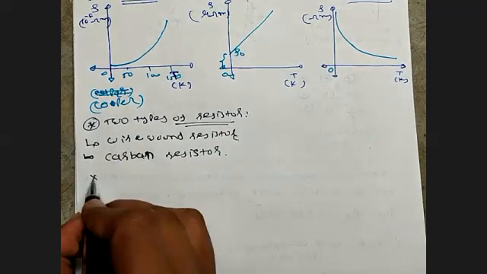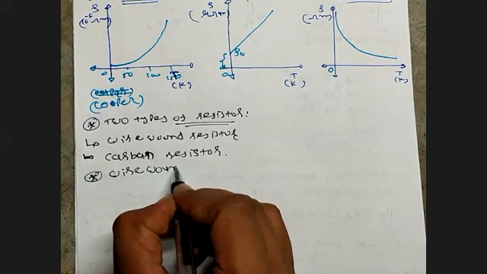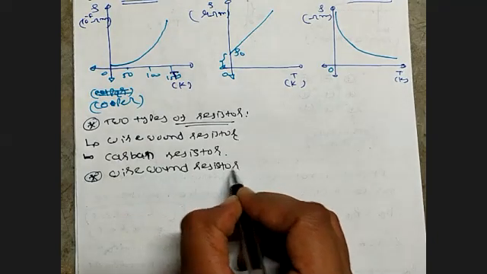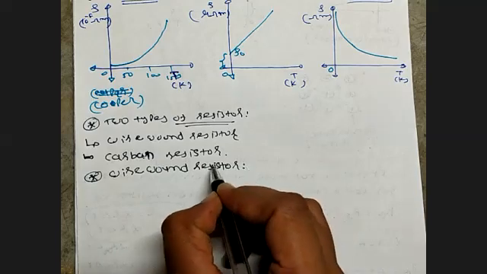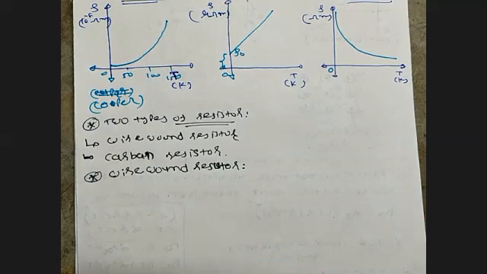So in terms of wire wound resistor, what does it mean? In a wire wound resistor, we take an alloy.